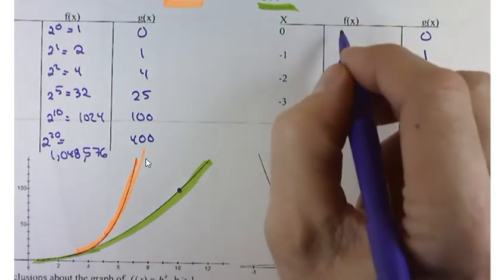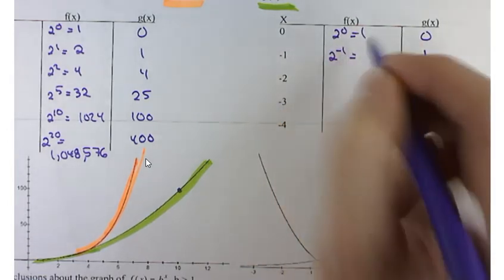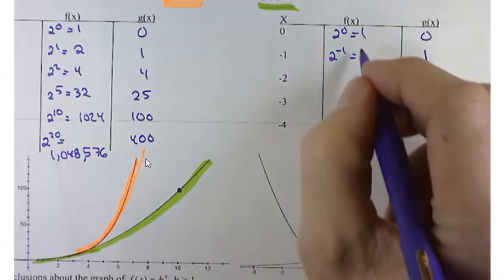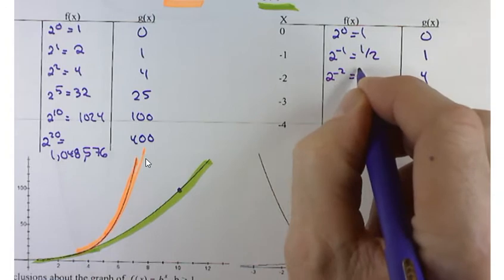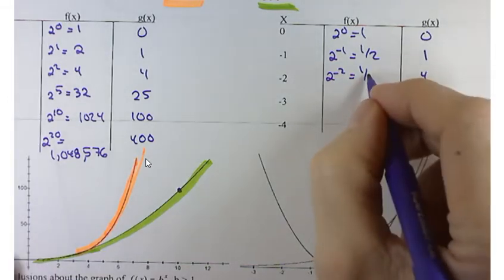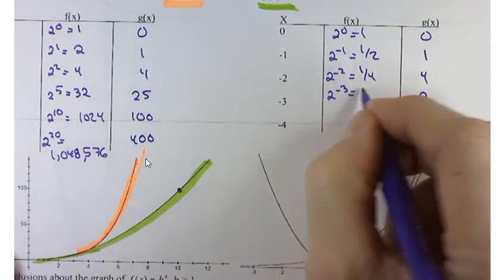2 to the 0 we already did. But how about 2 to the negative first power? What does that equal? Yeah, it'd be 1 over 2. So 1 over 2. How about 2 to the negative second? It'd be 1 over 2 squared, but 2 squared is 4. So we get 1 over 4. And 2 to the negative third?